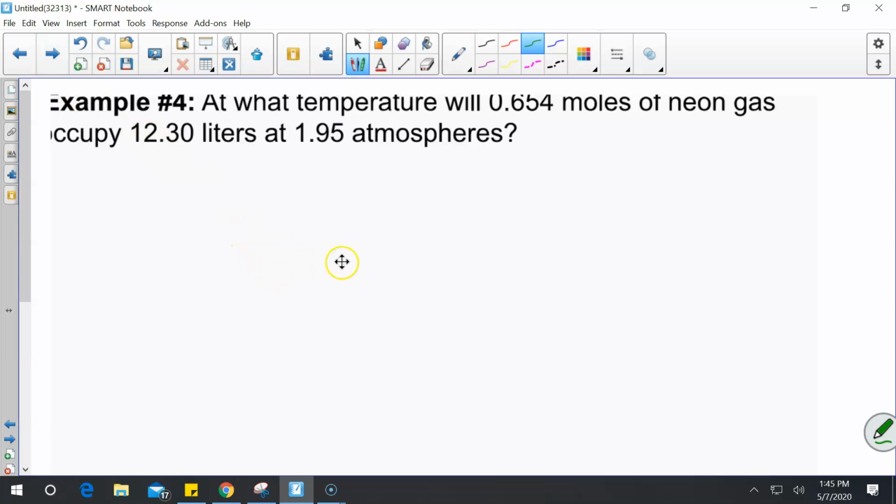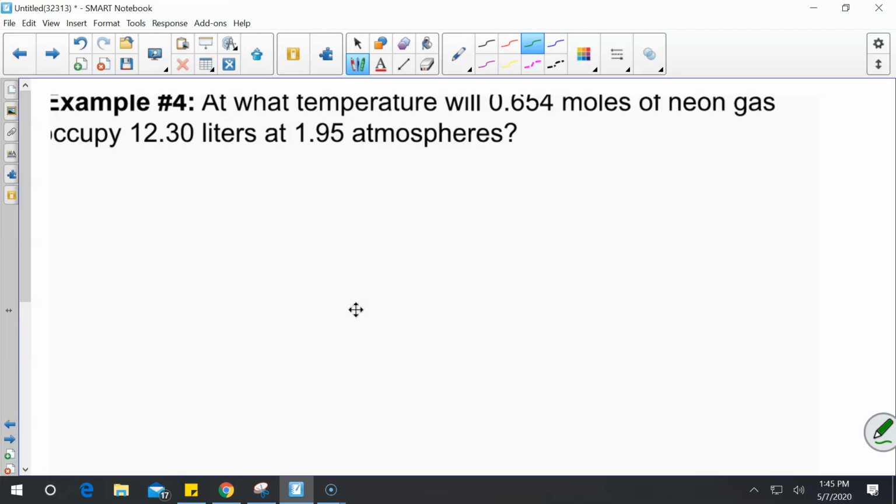So here is one example. At what temperature will 6.54 moles of neon gas occupy 12.30 liters at 1.95 atmospheres? Now, how do you know you're going to use the ideal gas law with this?